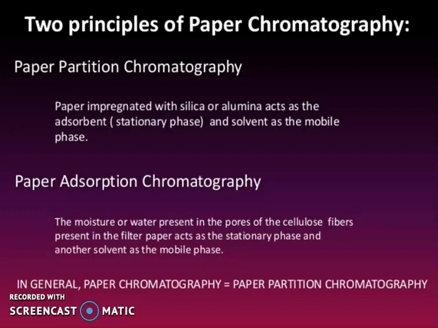In paper partition chromatography, moisture or water present in the pores of the cellulose fibers in the filter paper acts as the stationary phase, and another solvent as the mobile phase. So in general, paper chromatography is equal to paper partition chromatography.